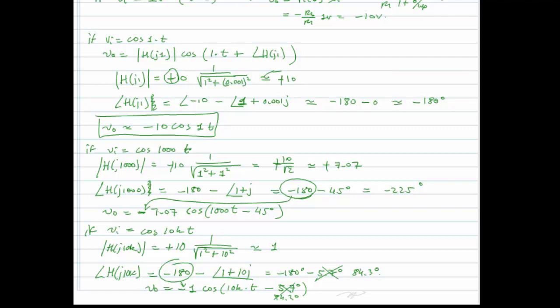So there's an example of how you can merge or apply sinusoidal steady-state analysis to an op-amp filter circuit, where we have derived the transfer function of the op-amp filter by using one of the standard op-amp amplifier forms, specifically the inverting amplifier form, where we start out with minus Z2 over Z1 and proceed to write the transfer function from that impedance ratio.